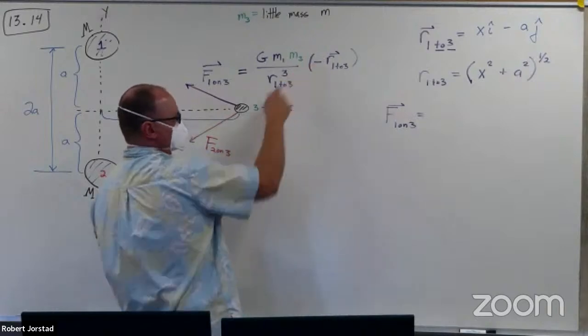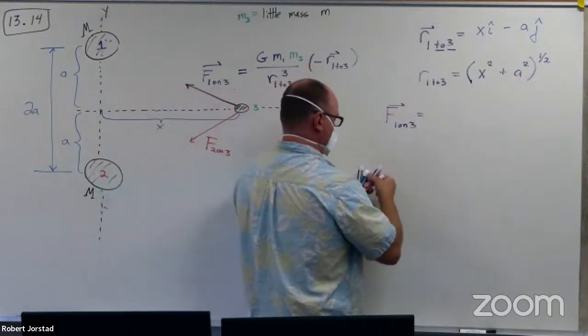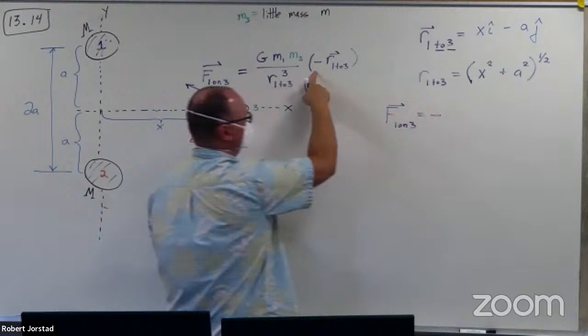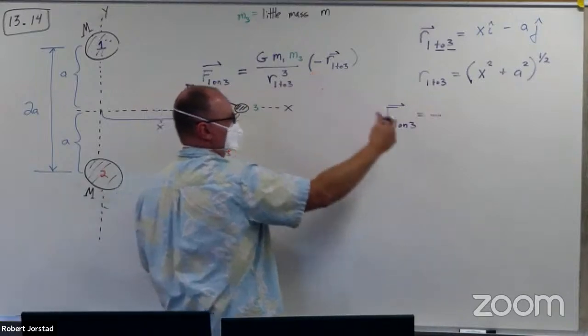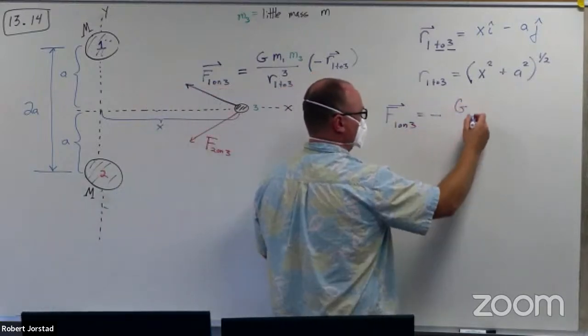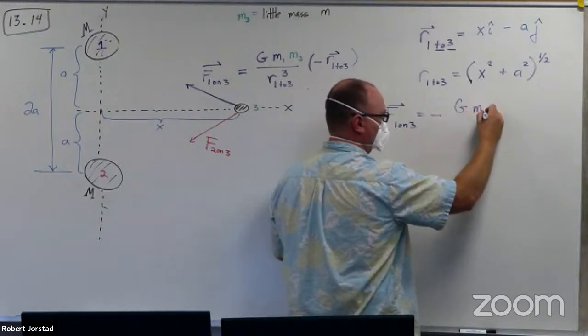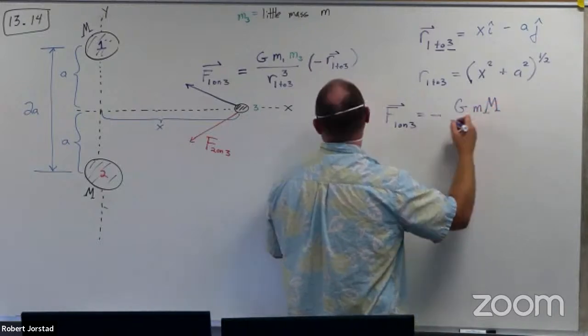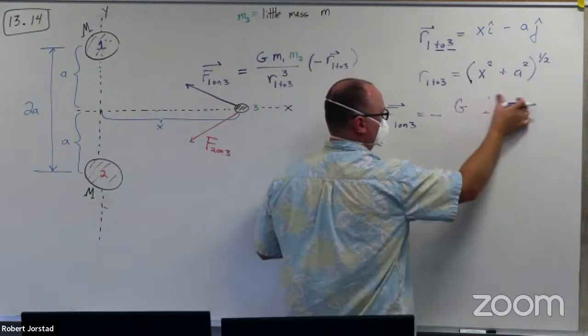And so notice out of all this, we're going to get a negative sign. That's from right there. We get a G. We get a big M. That's the wrong order.